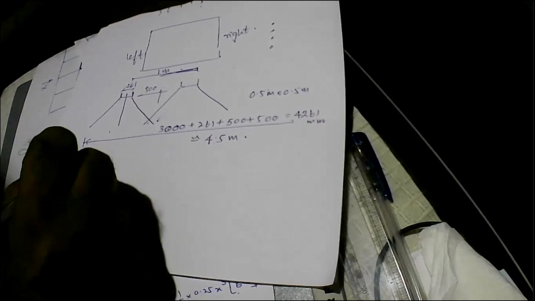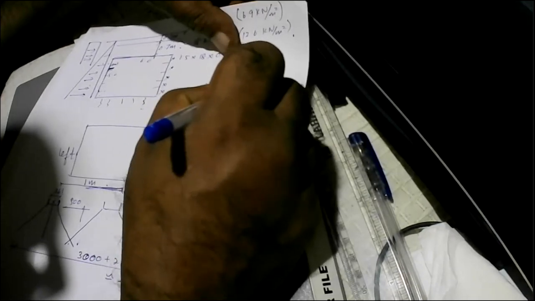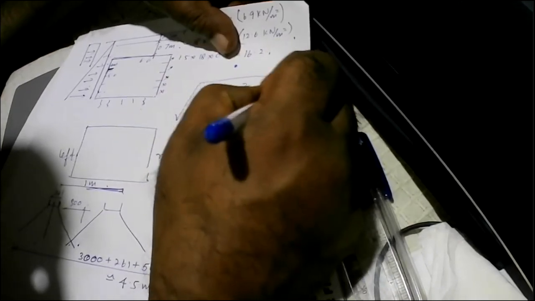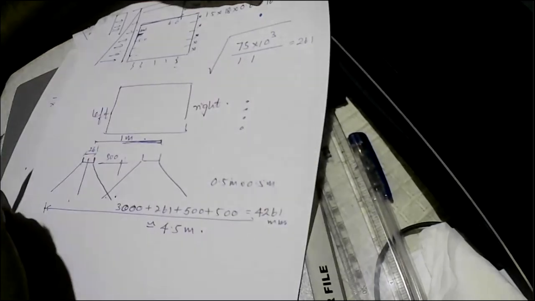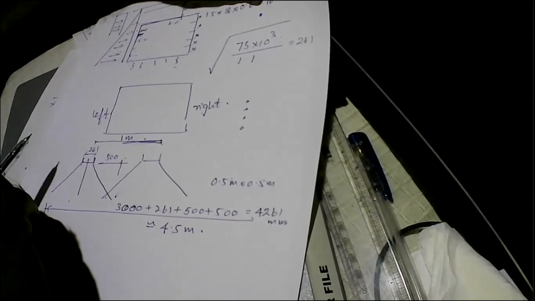Sir, how did you get that 261? Yes, 261 is 75 kilonewtons, the wheel load, divided by 1.1, and take the square root of that, and that is 261. Because the contact pressure is limited to 1.1 newtons per millimeter squared due to a concentrated load.